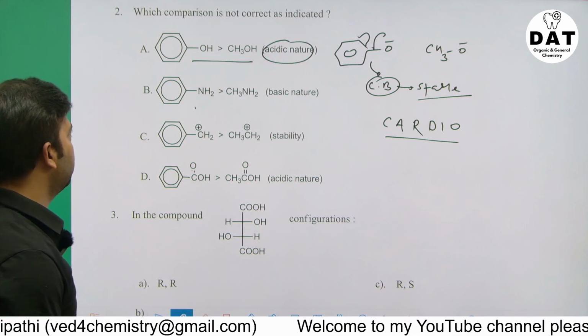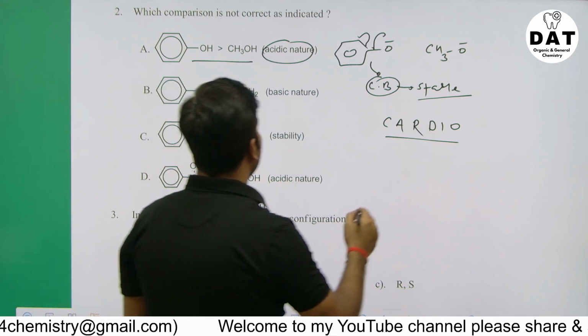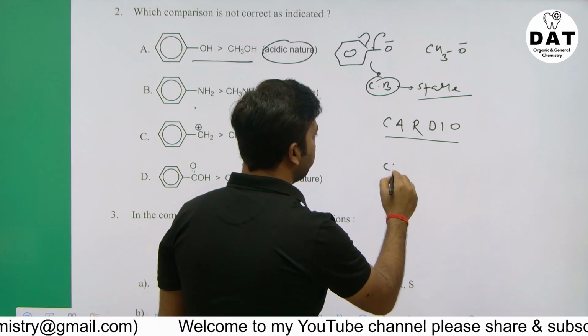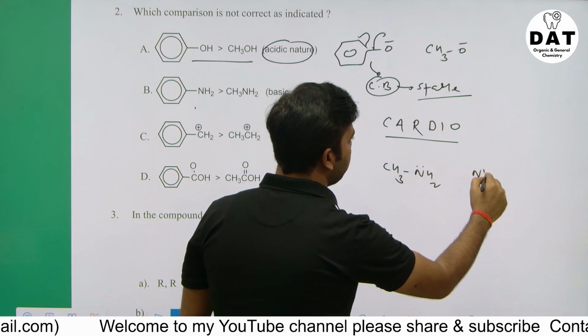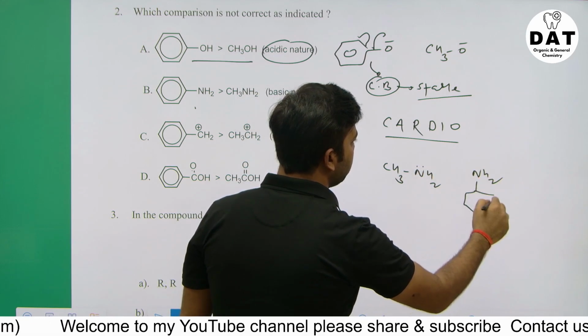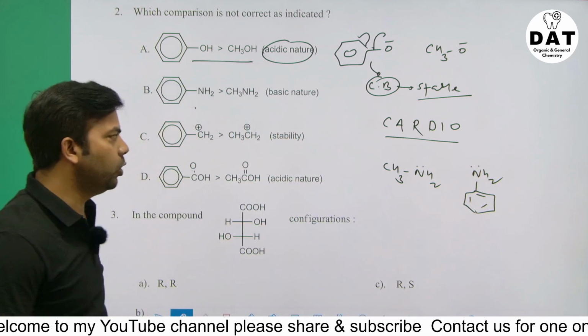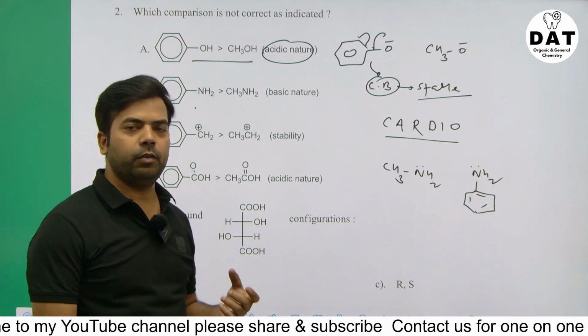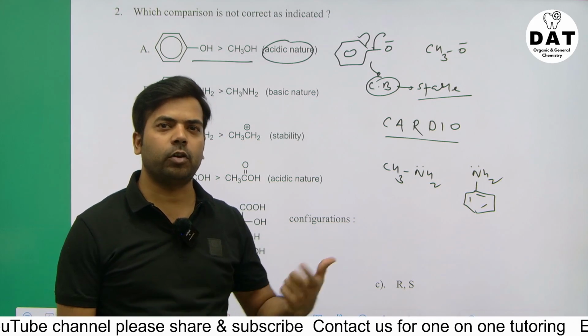Now the next one, B, is talking about basic strength. So what is basic strength? Suppose we have this methylamine and we have this nitrogen with the ring. Whenever we have a non-conjugated lone pair, that is always available for donation.